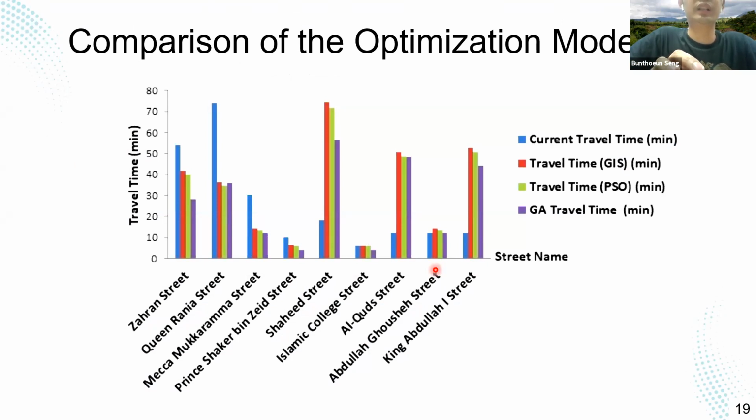So overall, the travel times optimized using network GS analysis provide the highest time travel, followed by the PSO, and we can observe that GA always gives the shortest time travel. And here the GS gives higher time travel because it considers the previous criteria like slope, distance, and also the intersection.